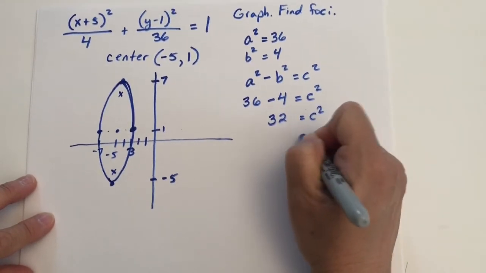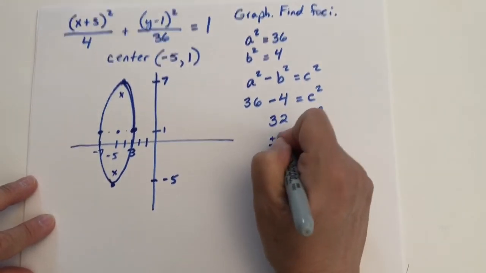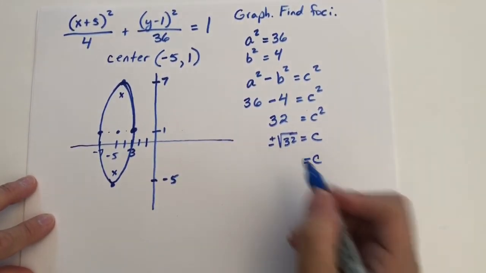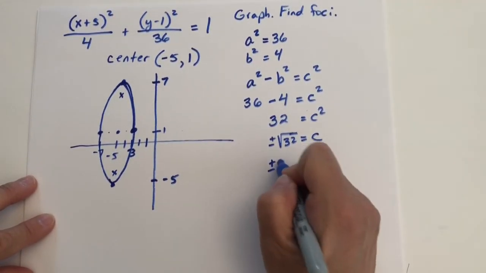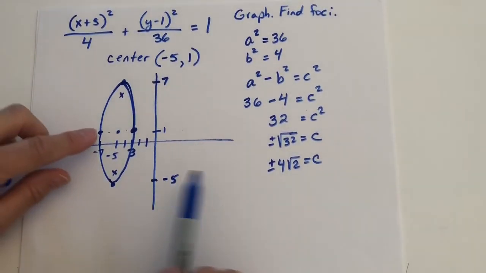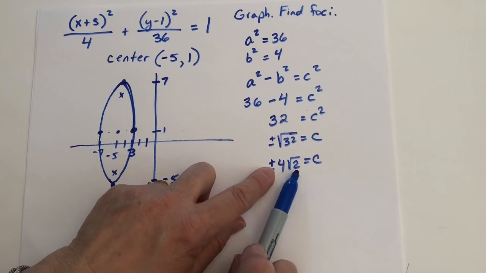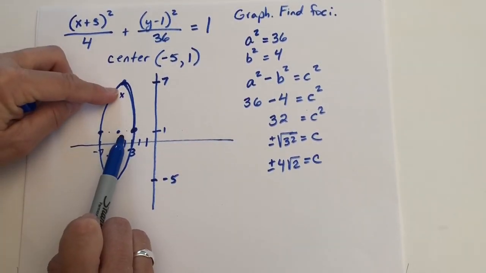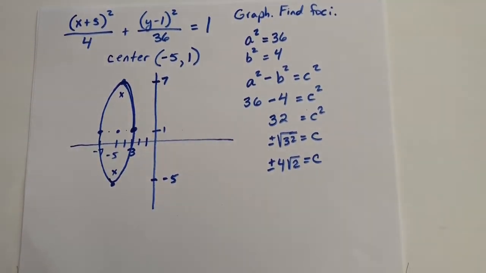So when we take the square root, we have plus or minus the square root of 32. We can simplify that, right? That's 16 times 2, so 4 square root of 2. So our c value is 4 square root of 2. I leave that plus or minus in. To remind you, we go up 4 square root of 2, and we go down 4 square root of 2.